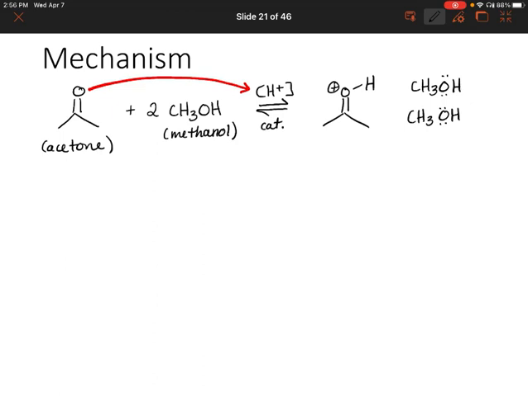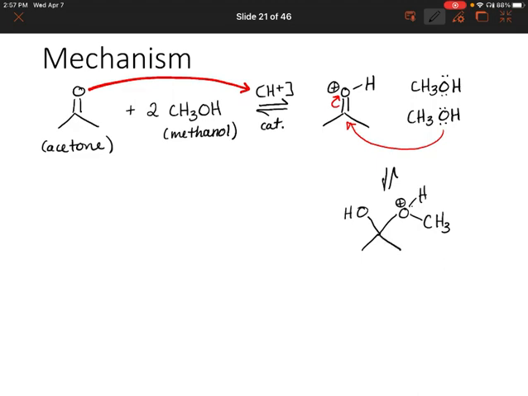So in the next step, one of the methanol molecules is going to use its oxygen to attack the central carbon on our ketone, and then electrons will move up to oxygen. All right, and that's going to form the following intermediate.